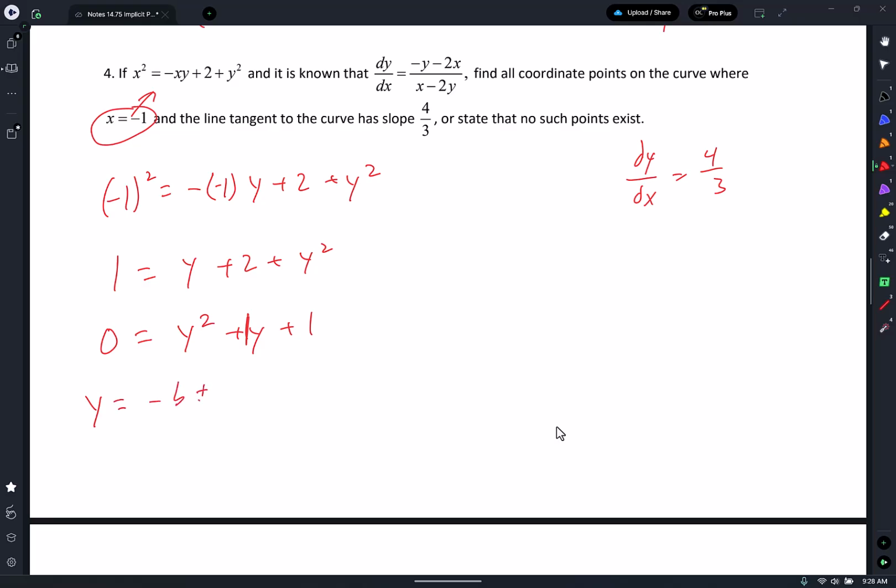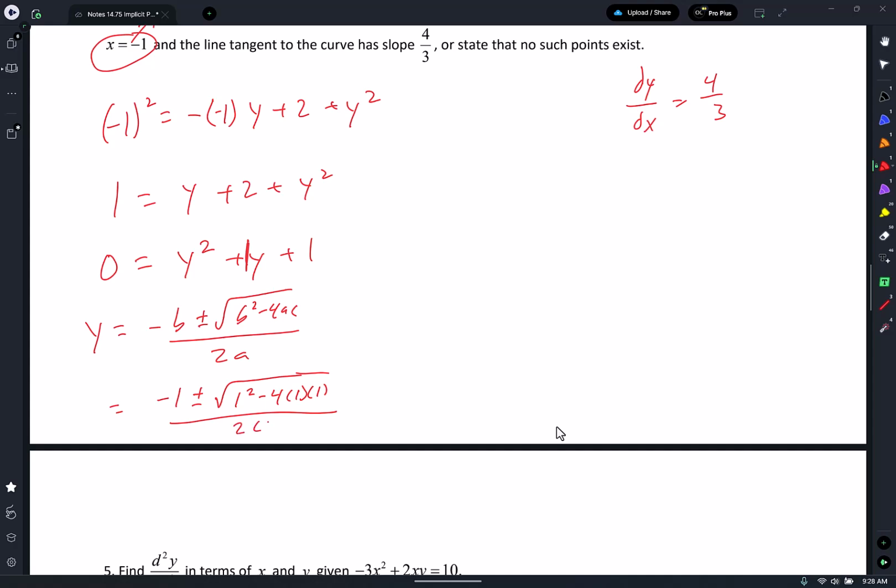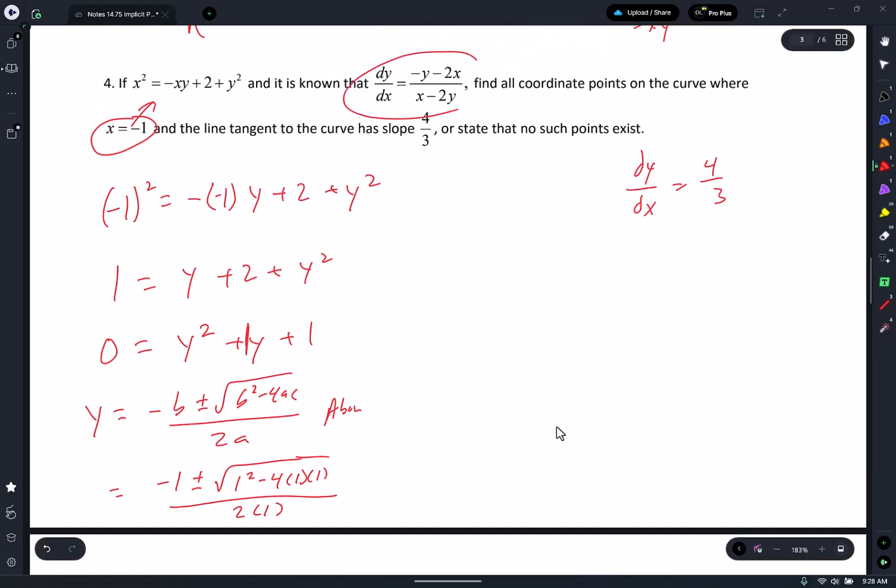Negative b plus or minus square root of b squared minus 4ac all over 2a. So negative 1 plus or minus, let's see if we get anything pretty. 1 squared minus 4 times 1 times 1. Nope, we get imaginary. All right, abandon.